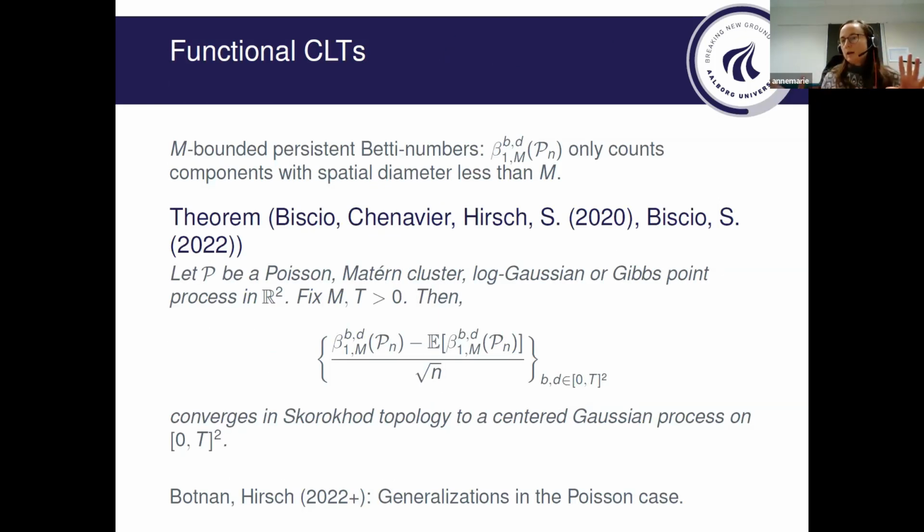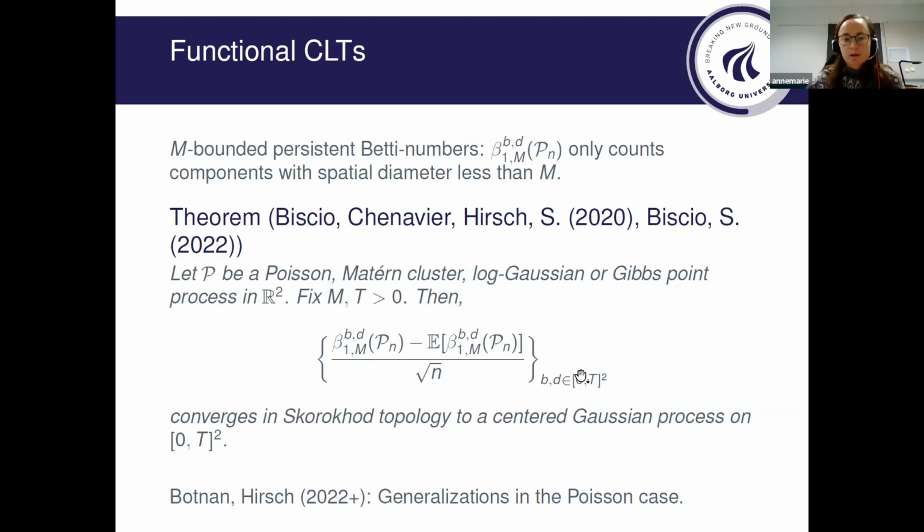So then the next suggestion was to look at the Betti numbers not just for a fixed value of birth and death times, but look at it as a function of b and d. And there you can also get a central limit theorem. So now we think of this quantity, the Betti numbers minus expectation divided by the square root of the window, as a function of (b, d) in some bounded region of the persistence diagram.